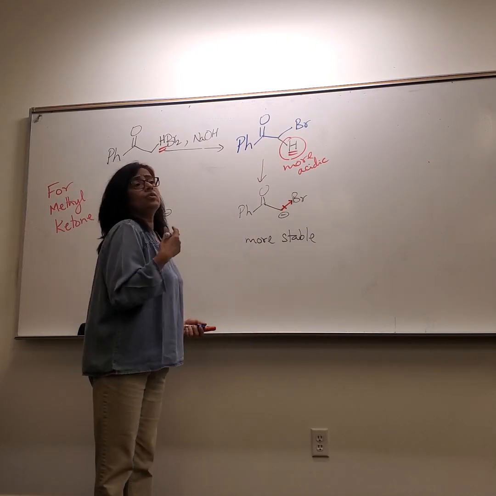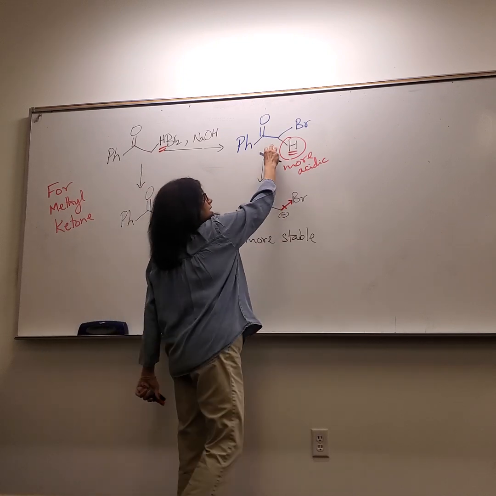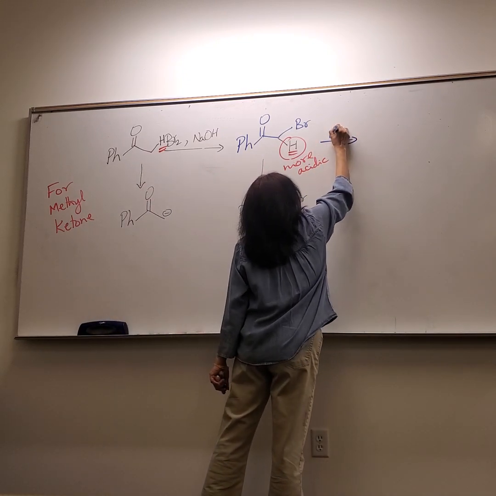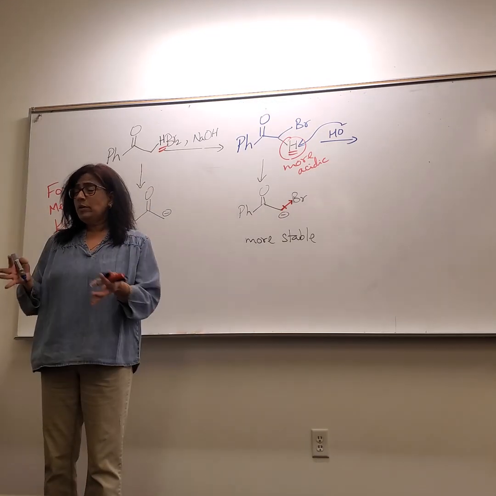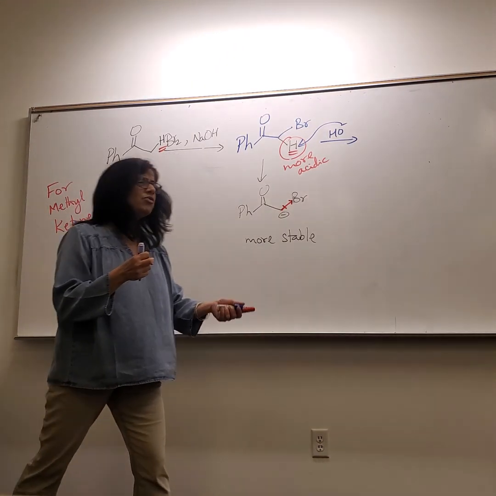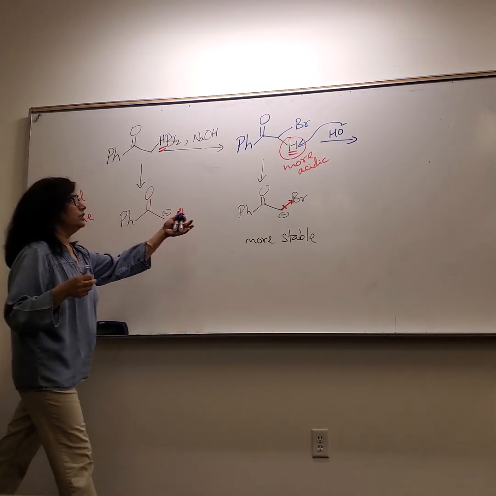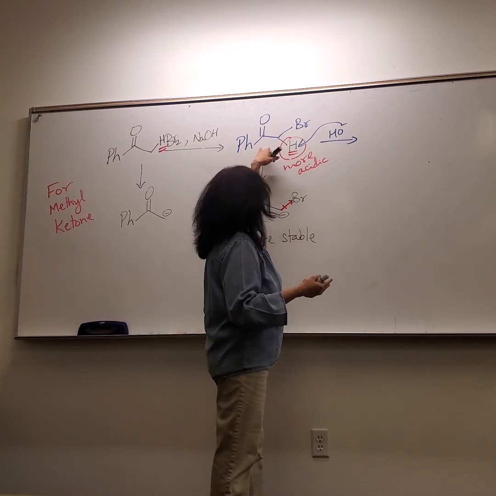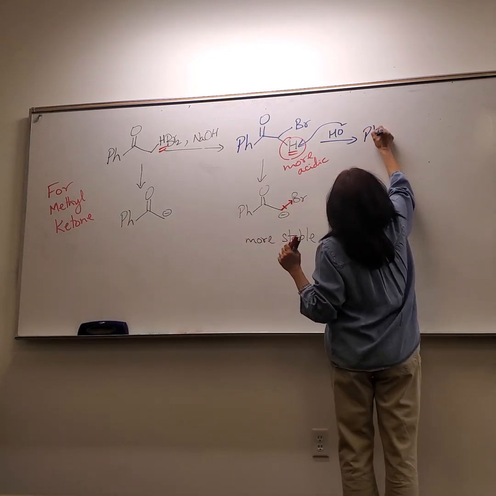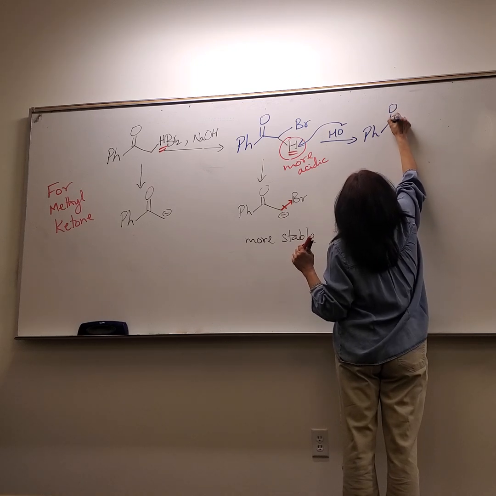You said no, so what will it do as soon as it's created? It will lose the hydrogen. A proton. React again. You can't stop it because that hydrogen is way more acidic than the original hydrogen. So as soon as that is created, it's seeing a base in the system, it is going to react again and make an enolate again.